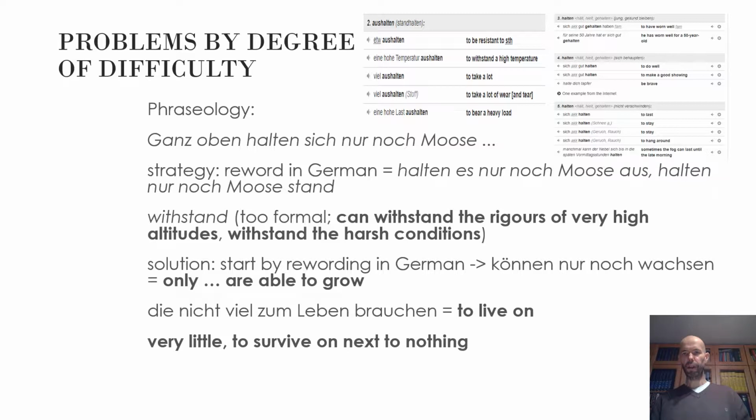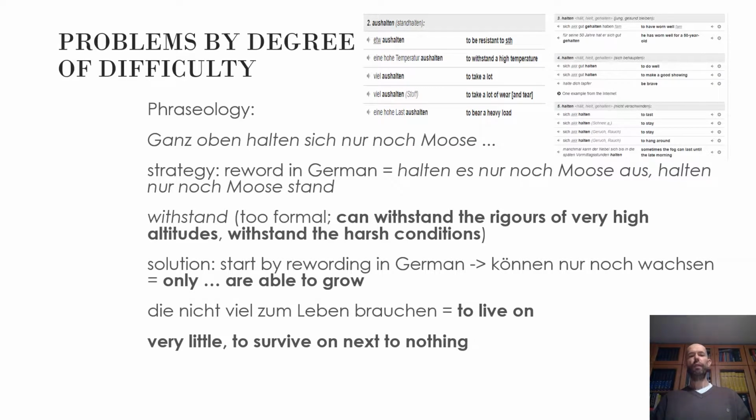So we do have "hat sich gut gehalten": he has worn well. I'd also translate that as he's well preserved, but that's a different matter. Then we have "sich gut halten", to do well, to make a good showing, and so on, be brave. None of these work. We couldn't say the mosses are very brave.